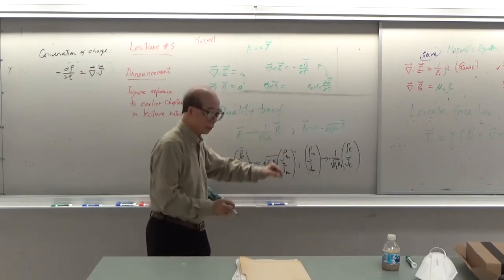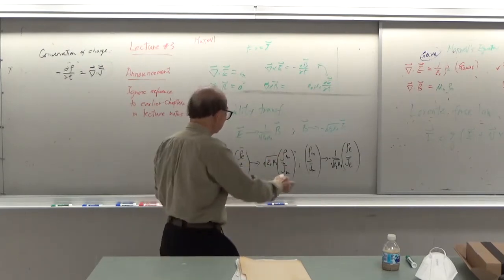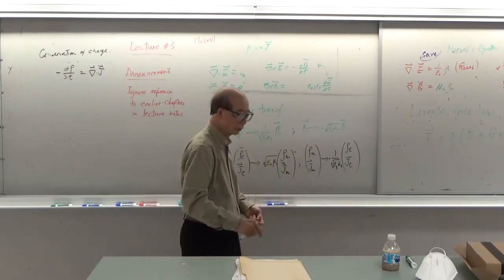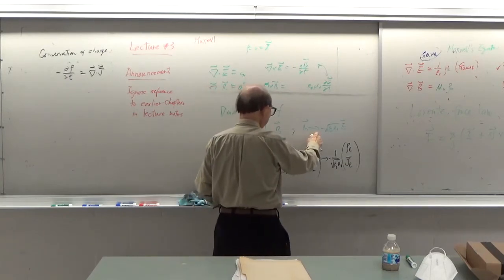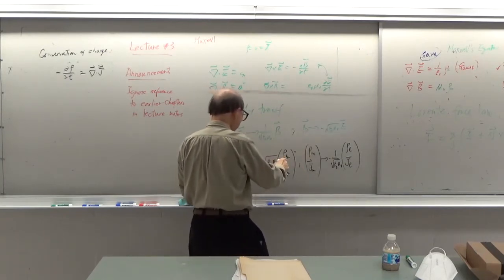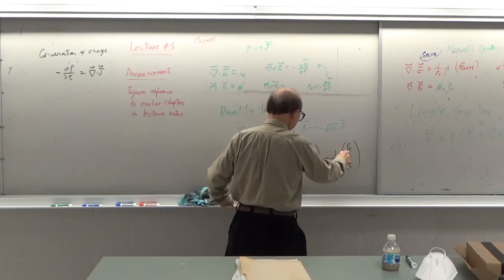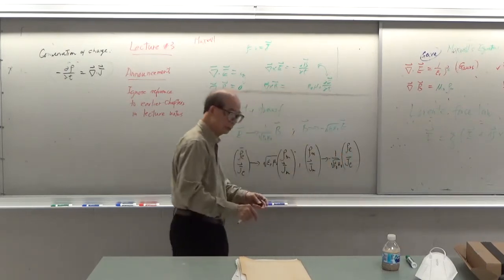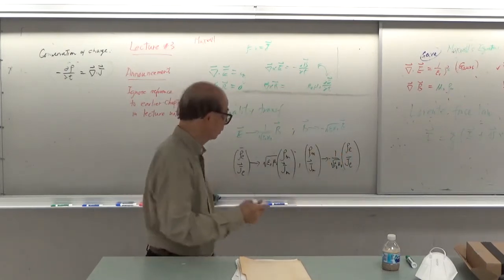So the duality transformation is now generalized to these four transformations: E goes to B, B goes to minus E, rho E goes to rho M, and rho M goes to rho E, with their respective factors. Let's check.